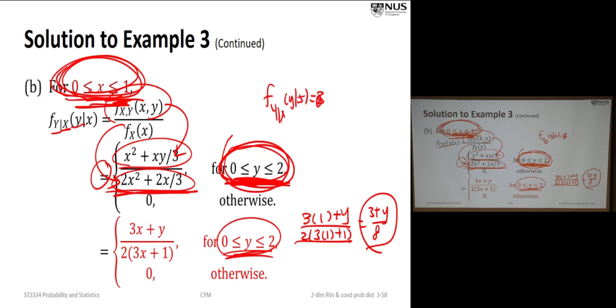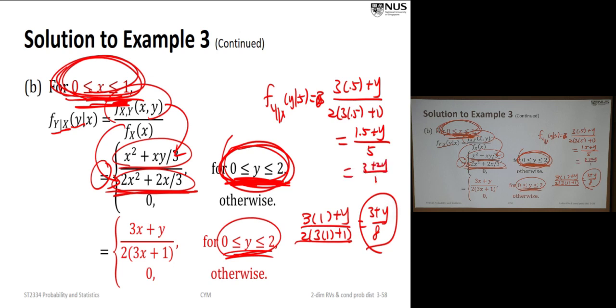Then this is equal to 3 times 0.5 plus y over 2 times 3 times 0.5 plus 1, which is 1.5 plus y over 2.5 times 2, which is 5. All right? Or 3 plus 2y over 10. Right? So this is only valid when y is between 0 and 2.